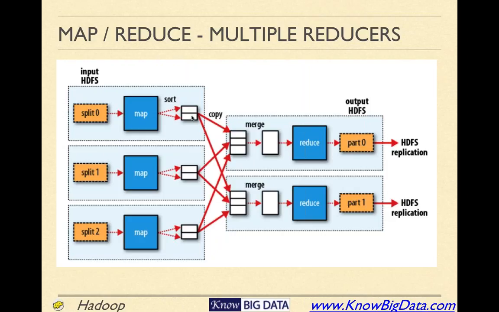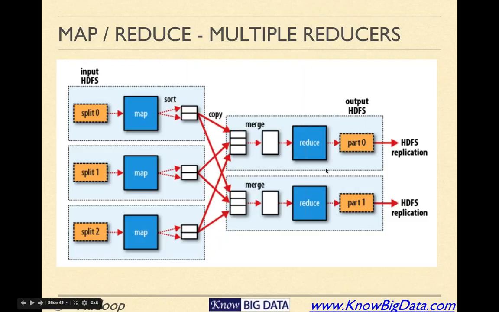This is logic written by you, that each record is passed through your map function, and your map function produces many keys and values for each record, and these key values are sorted and kept in these buckets here.